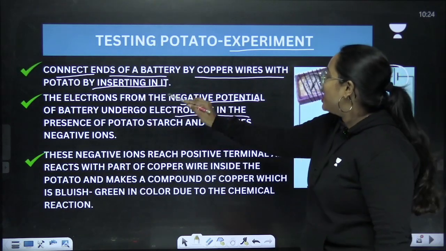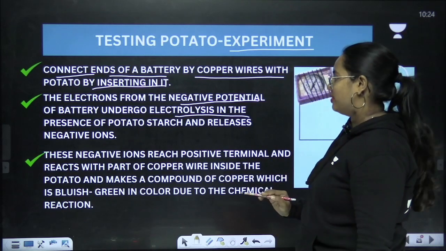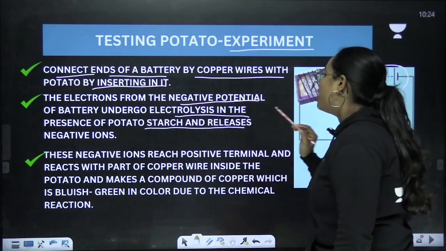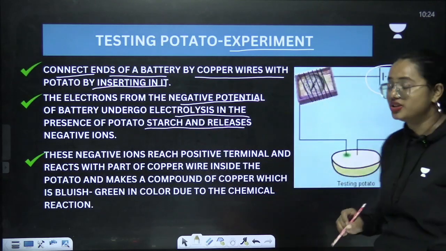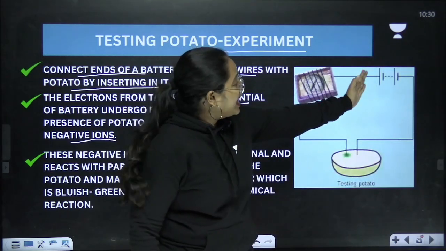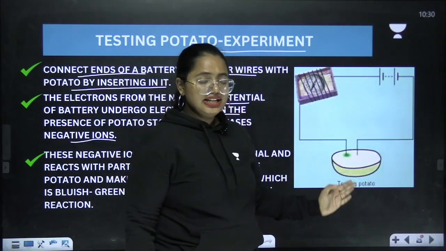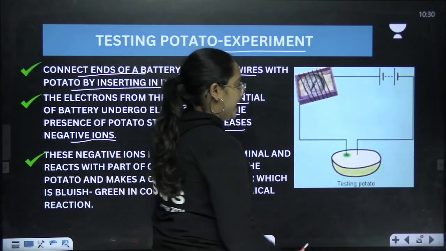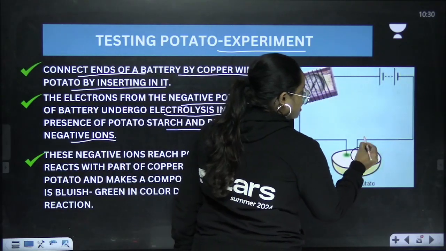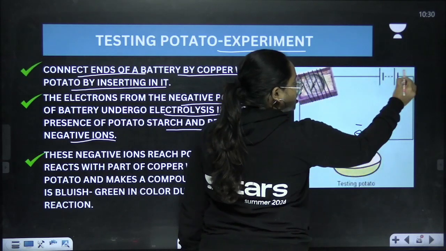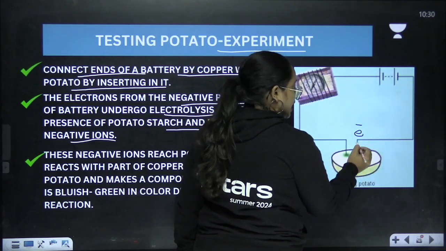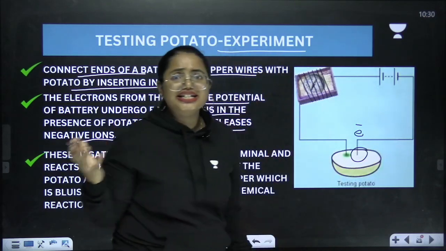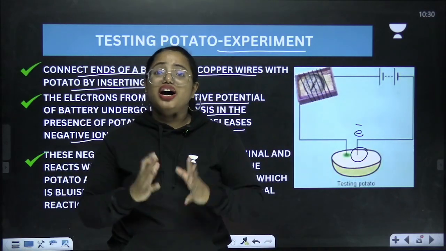Okay. So electrons from the negative potential of the battery undergo electrolysis in the presence of potato starch and release negative ions. What about the process? The electrons from the negative terminal undergo an electrolysis process. Where? It's here. So the electrons from the negative terminal undergo electrolysis at this part, and therefore it releases negative ions.